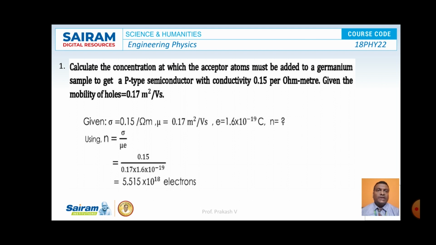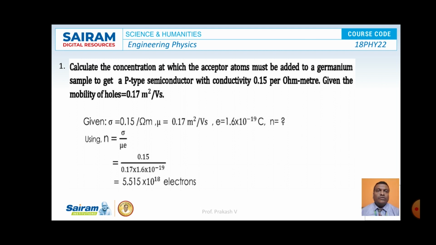So here the electrical conductivity sigma is given as 0.15 per ohm meter, the mobility is 0.17 meter square per volt second, and the charge on the electron is 1.6 into 10 to the power of minus 19 coulomb.